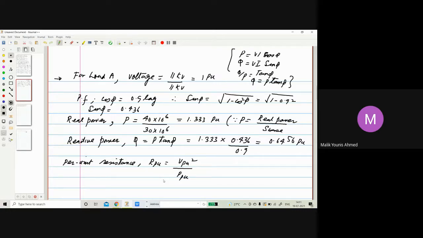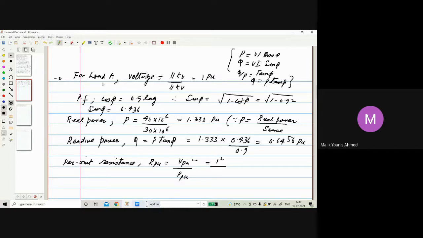Because the general expression is, R is equivalent to V square by P. Power P is equivalent to VI, P is equivalent to I square R, P is equivalent to V square by R. So from there you will get RPU. Whatever relationship exists in the absolute values, the same will exist in the per unit values also. So RPU will be VPU square divided by PPU.